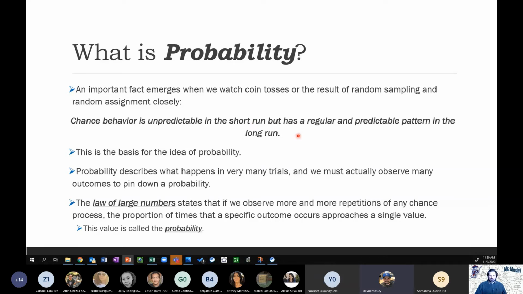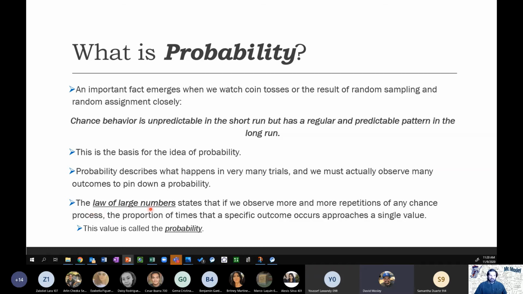So the more data we collect, the more predictable things become. This is the basis for the idea of probability. Probability describes what happens in very many trials, and we must actually observe many outcomes to pin down a probability. So this is essentially like what Youssef said, more is better. It helps us pin down what we expect to happen.